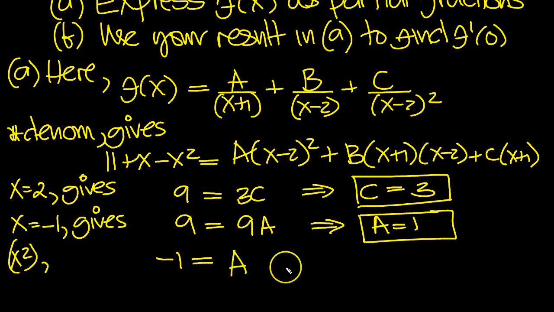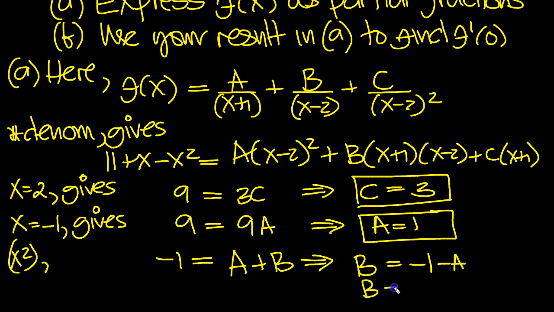And this is plus b lots of x squared. And then there's no x squareds here, of course. So b equals minus 1 minus a, which is minus 1 minus 1, so b is minus 2.